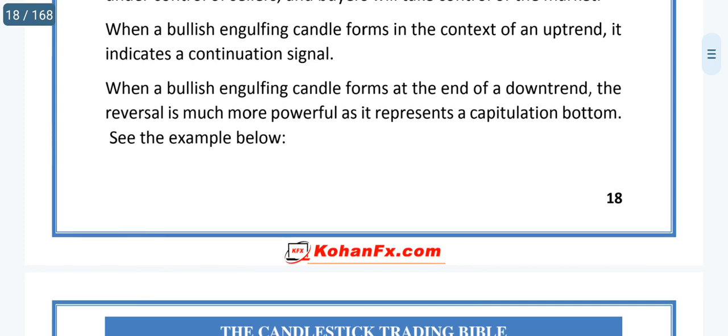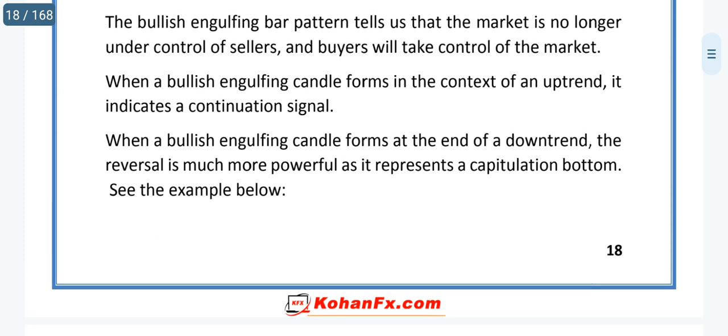When a bullish engulfing candle forms at the end of a downtrend, the reversal is much more powerful as it represents a capitulation bottom.